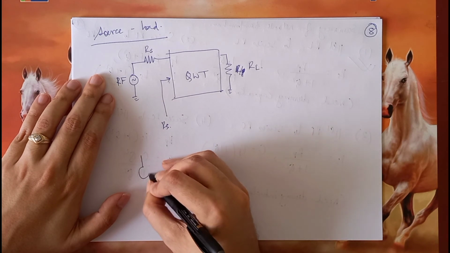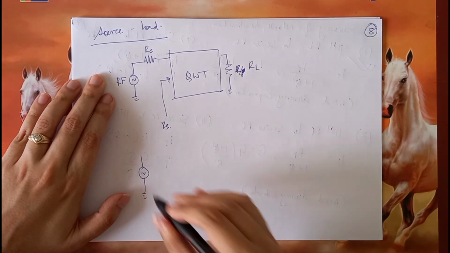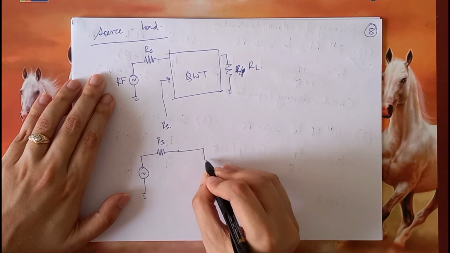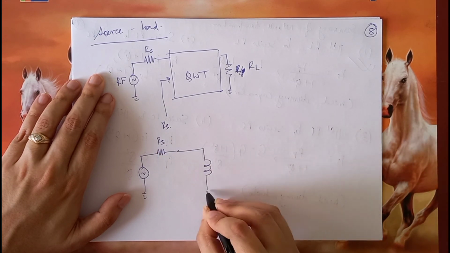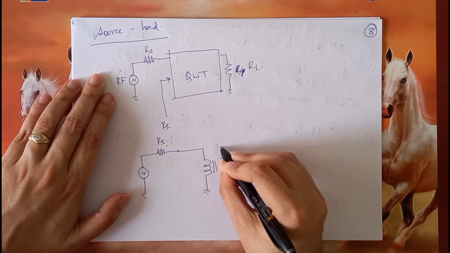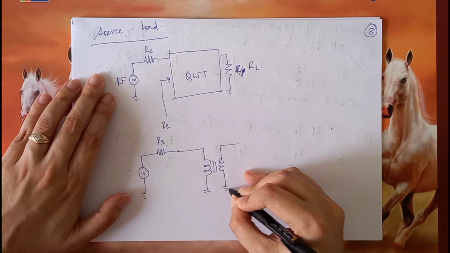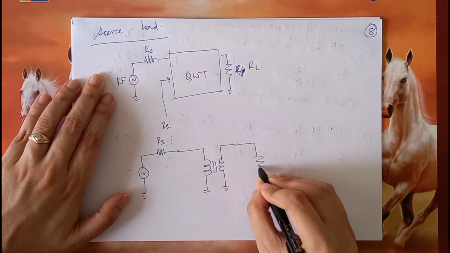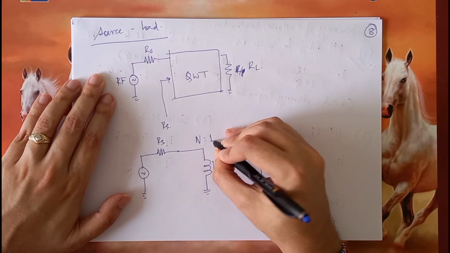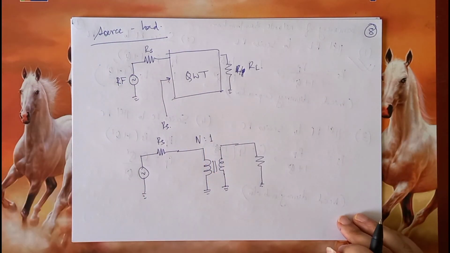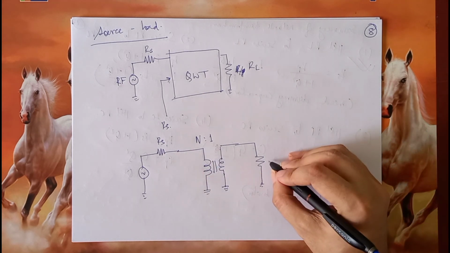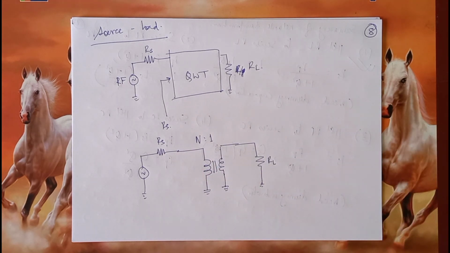Since I've been using the word impedance transformer a lot, let us actually use a transformer. Let us say this is an n:1 transformer. That means some kind of a step down transformer, assuming that n may be more than 1.